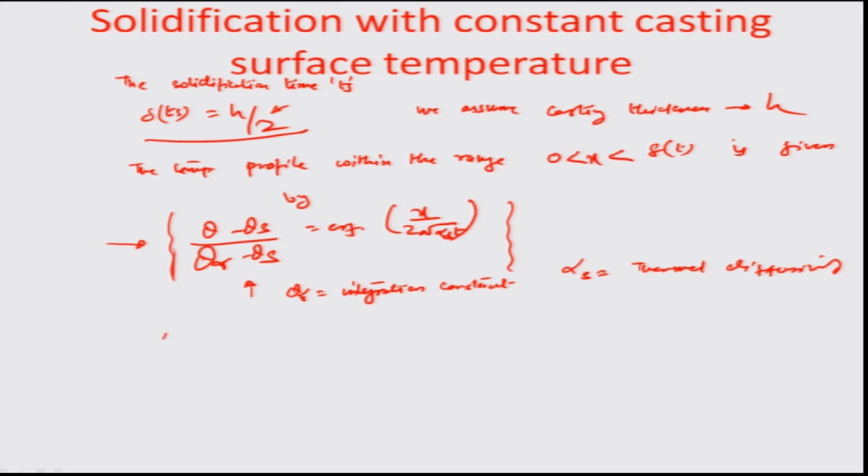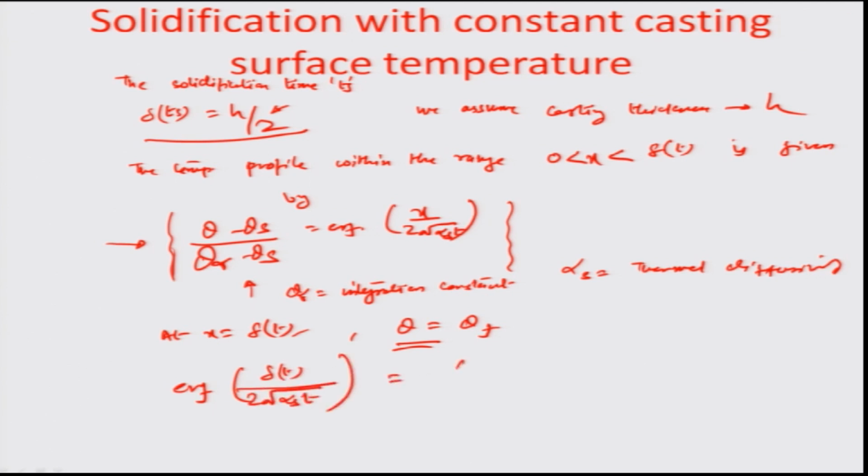So, at x equal to, let us say, delta t, the temperature is actually the freezing temperature, theta f. So, if I put this value of x and theta in this particular equation, we have the error function of delta t by twice root of alpha s t estimated as theta f minus theta s by theta infinity minus theta s.